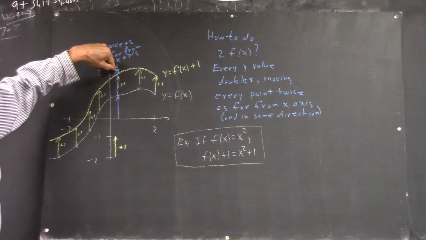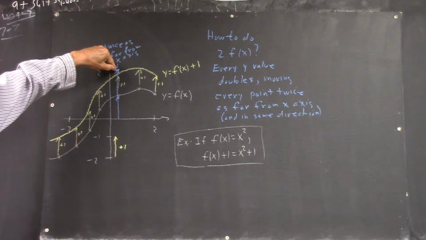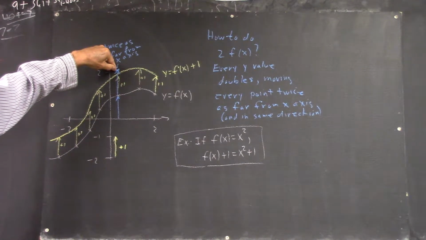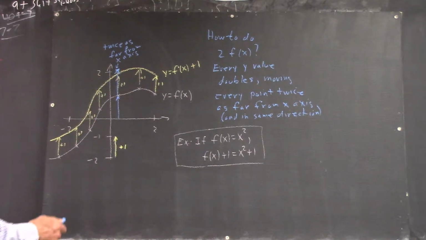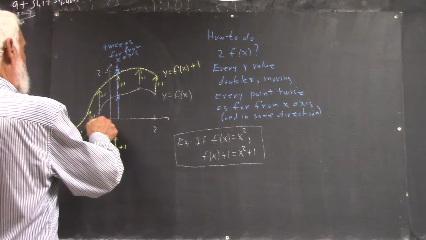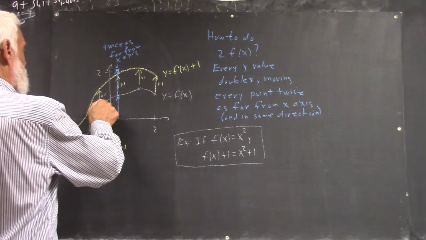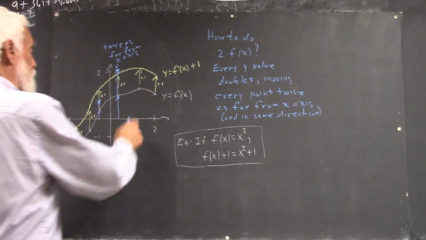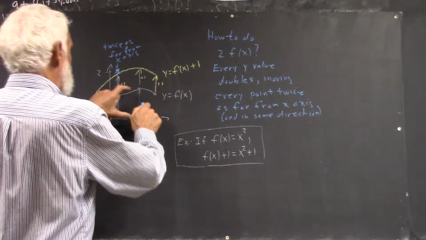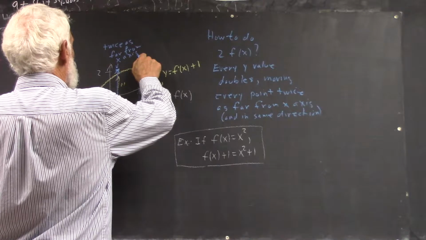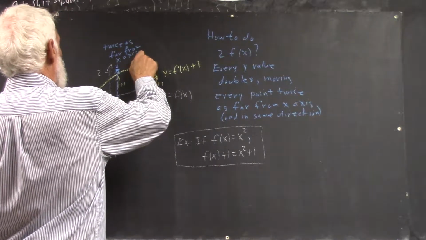Now, we can do the same thing with every other point, right? So we do this point. And we just add an arrow the same length, and we get this point. And here we've got an arrow all the way up here. It's this long. It's going to take us all the way up to here.